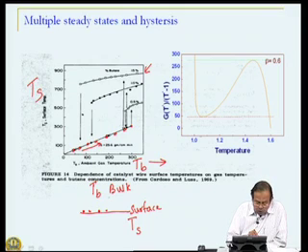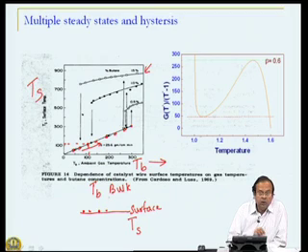Now, if you notice these solutions, my bulk temperature is around 100, the surface temperature is also around 100, approximately. That means there is very little reaction taking place, because if the reaction was to take place and it is an exothermic reaction, temperature should have been higher.